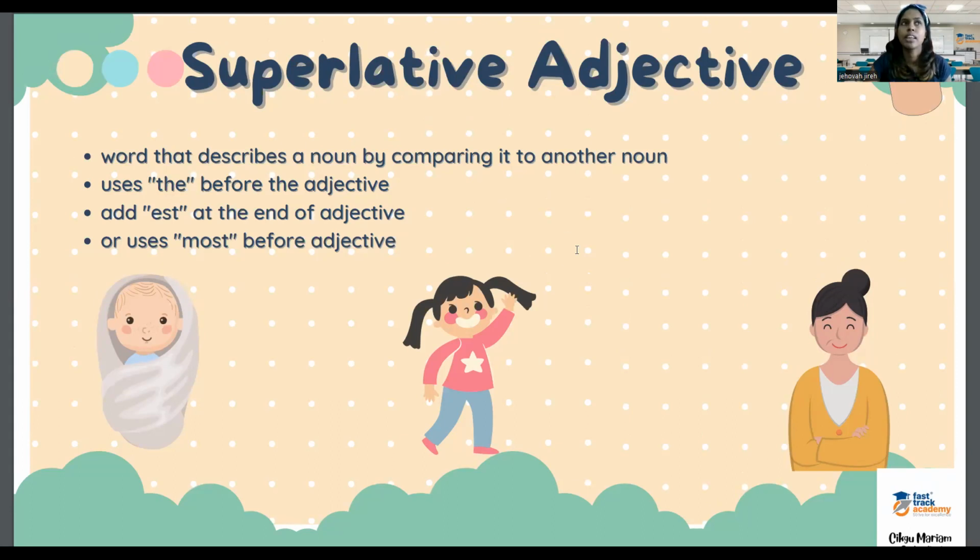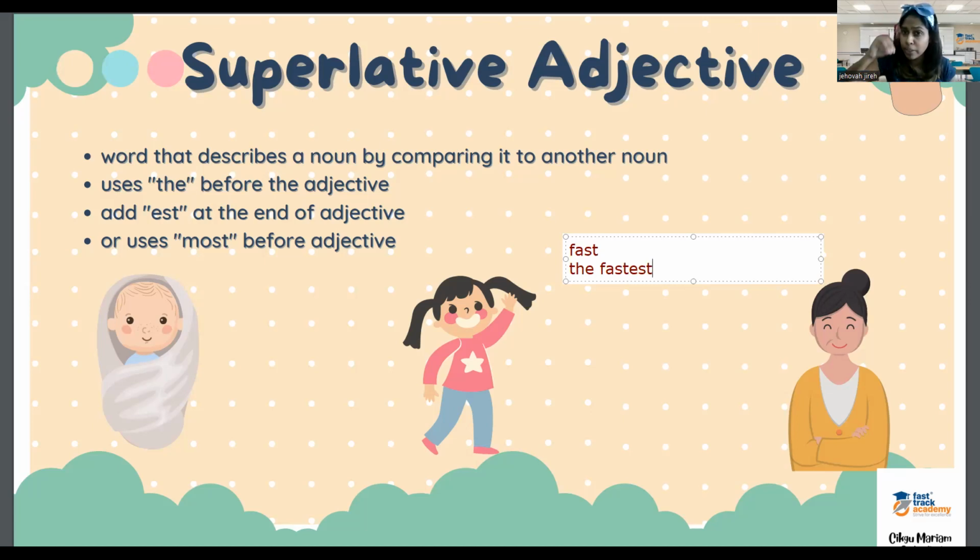All right, how about let's take the word fast. If you want to compare two things or two people, two nouns, you have to use the word er, or faster than. But when it comes to superlative adjective, the word fast, you have to say the fastest.